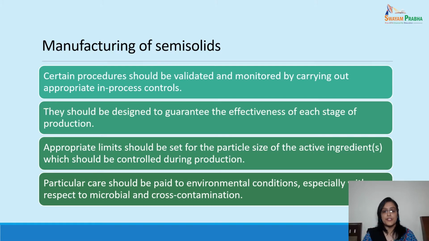Limits should be set for the particle size of the active ingredient, which is important, and it should be controlled during production. Particular care should be paid to the environmental conditions with respect to microbial and cross contamination.